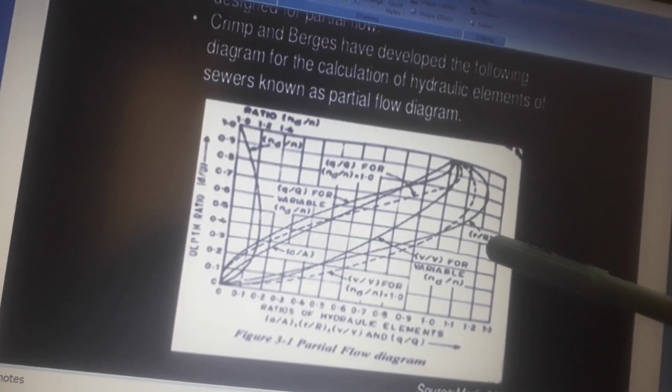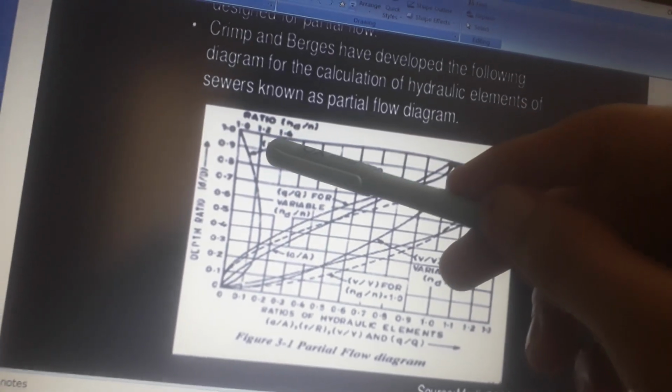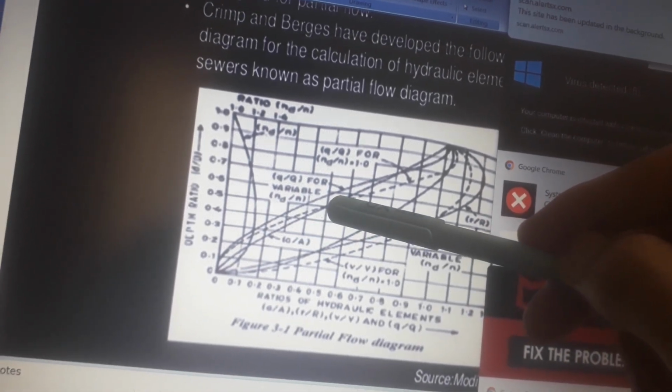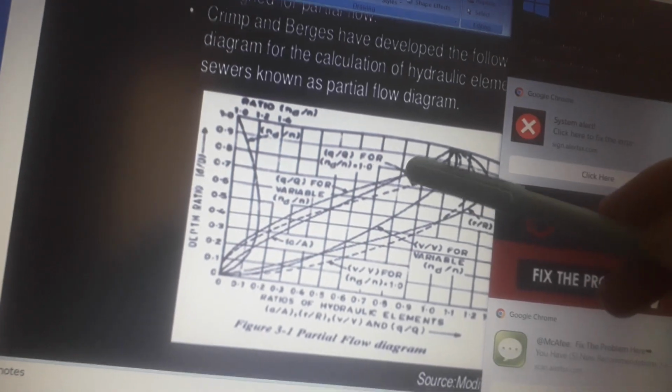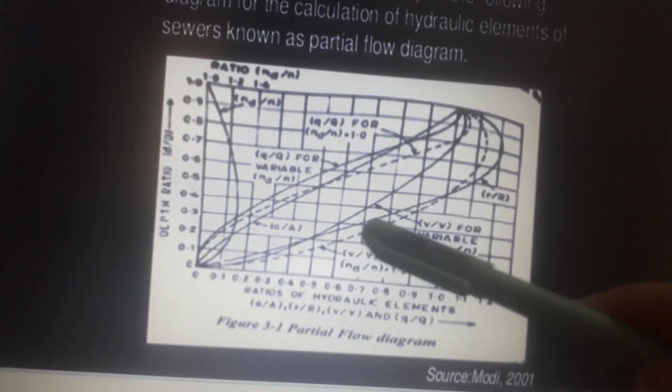Then r/R, this one is the curve for that. Then N/n, this one is the curve for that. Then a/A, this one is the curve for that. Then r/R.